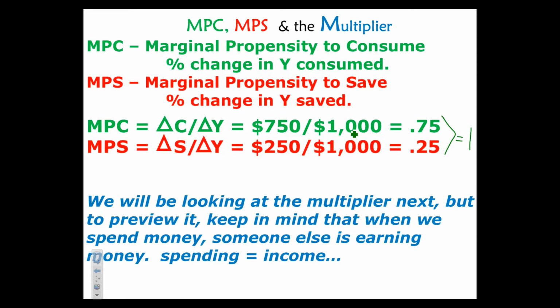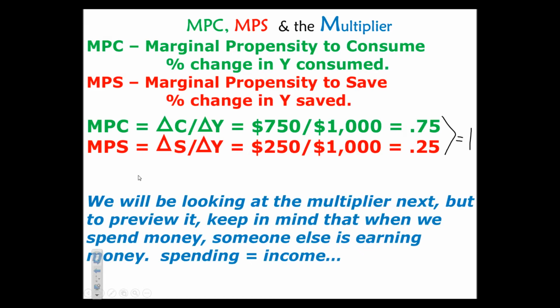So if I know what my marginal propensity to consume is, then we automatically know what our marginal propensity to save is. However, MPS is equal to your change in savings divided by your change in income. So 250 divided by 1,000 equals 0.25. All right? So let's roll on.